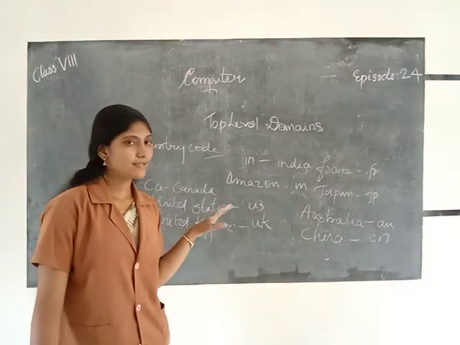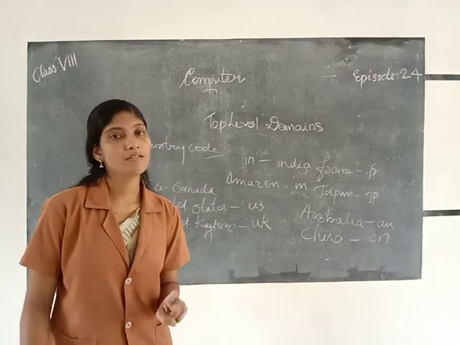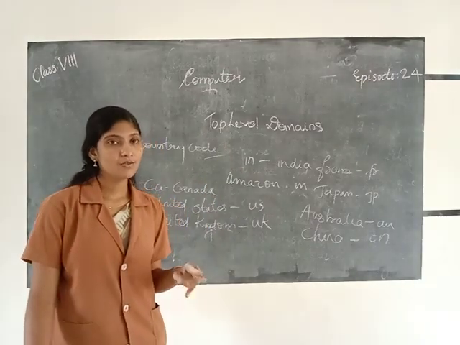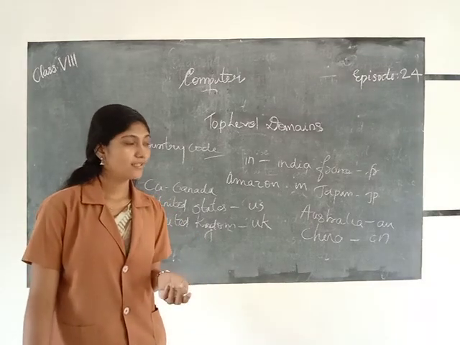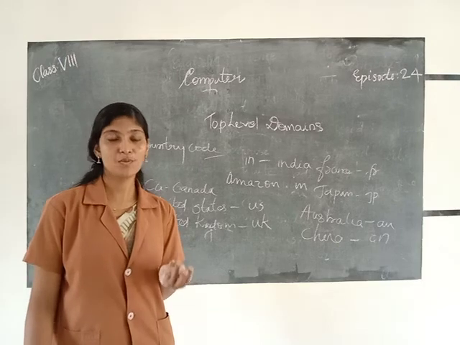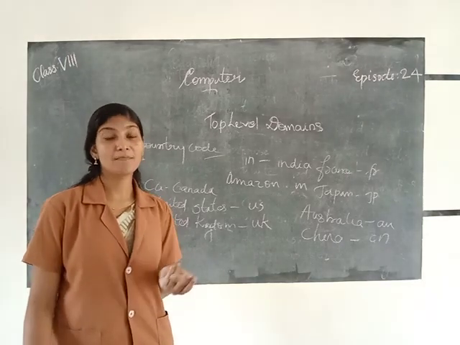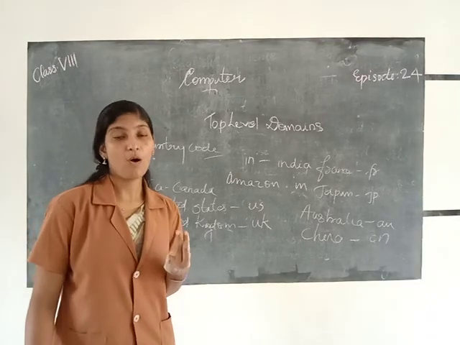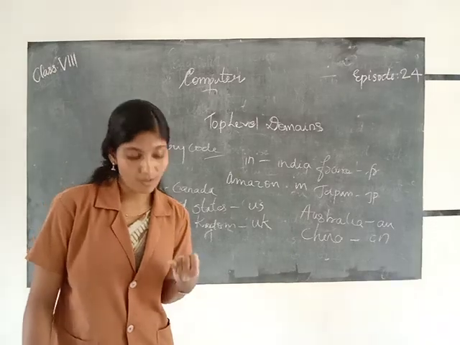So now we discussed the top level domains, which is the last component of the domain name, and which includes organizations like org, then educational institutes, edu, then government purposes, gov, then commercial enterprises, com.